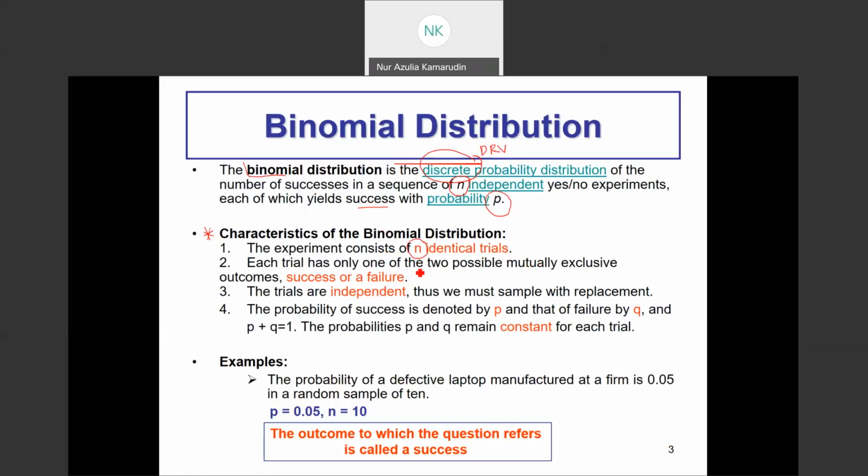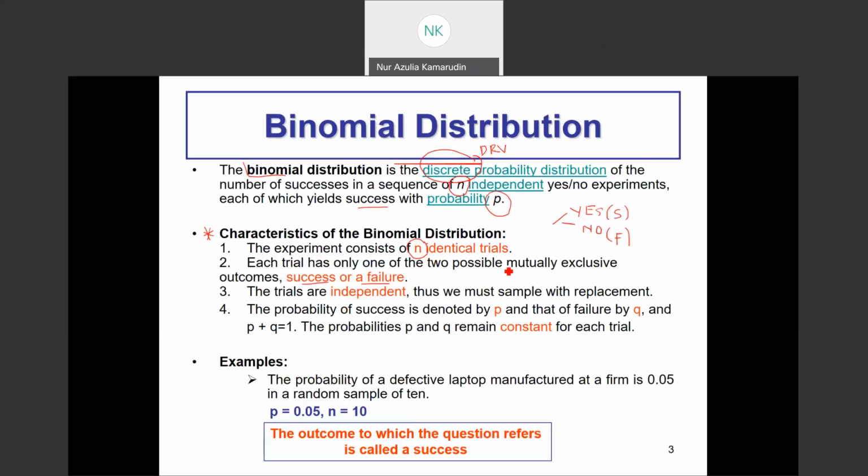And of course, in this case, you have success or failure, okay? So whether your experiment consists of something that you call success, you may say yes, you may say no. So assume your yes is your success, and of course your no is your failure. But it all depends on what situation you're having.